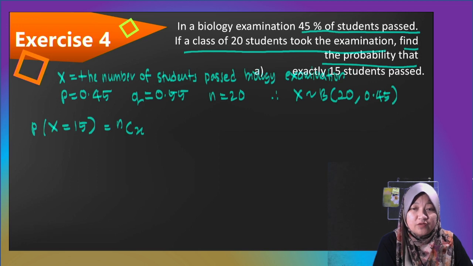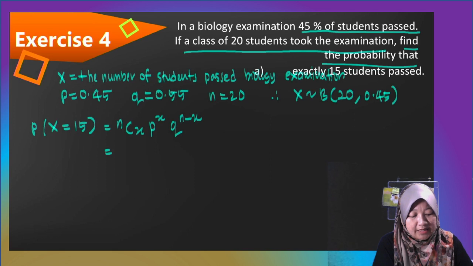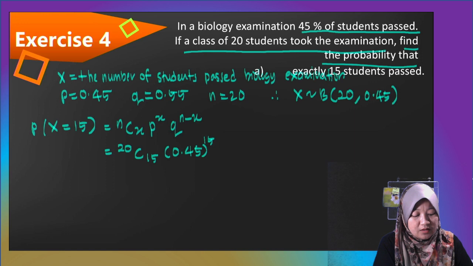Saya suka tulis formula banyak kali supaya kita mudah ingat. Okay, N is 20, so 20C15, P is 0.45 power of 15, Q is 0.55 power of 20 minus 15 is 5. Okay, and then we have the probability is 0.0049.